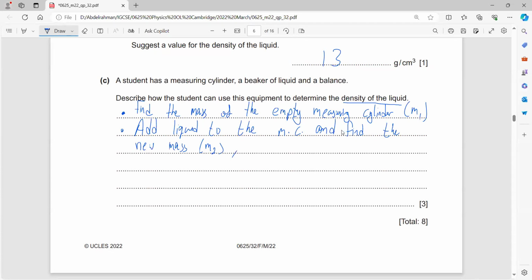The mass of the liquid alone is M equals M2 minus M1, which is the mass of the measuring cylinder and the liquid minus the mass of the measuring cylinder. Then find the volume from the measuring cylinder.